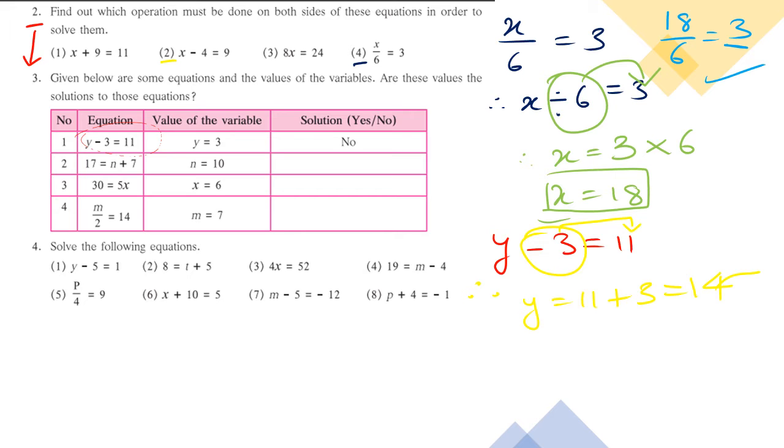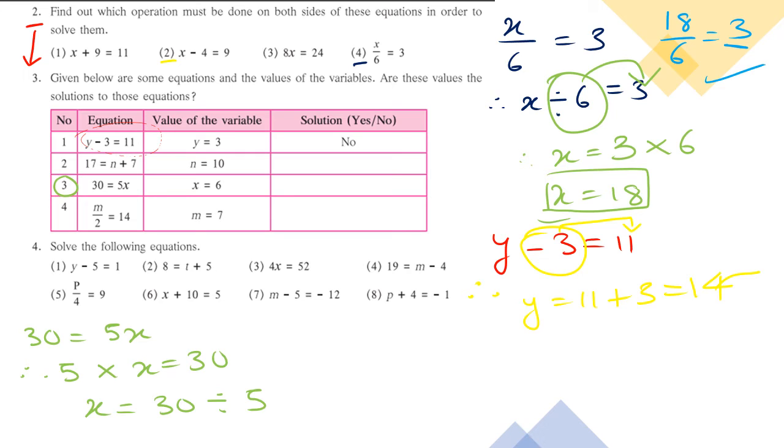Okay, this is similar. You can do that. 3. So they have told 30 is equal to 5x. For my convenience, I would write 5 multiplied by x is equal to 30. You can write 5x is equal to 30 and then write 5 multiplied by x. It's the same thing. And now you get x is equal to 30 divided by 5. We are doing the same thing all over.